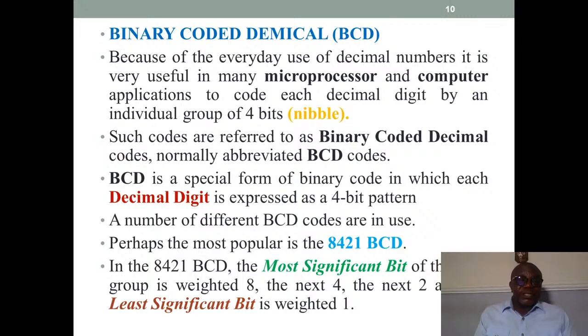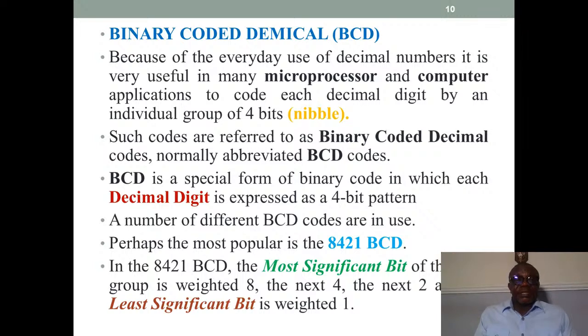So this BCD is a special form of binary code in which each decimal digit is expressed as a 4-bit pattern. A number of different BCD codes are in use. Perhaps the most popular of them all is known as the 8421 BCD.